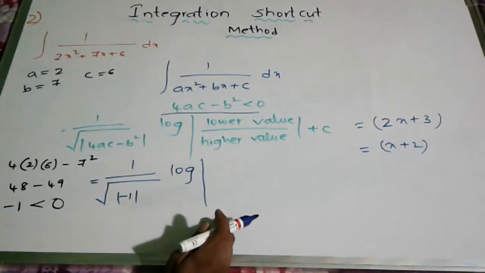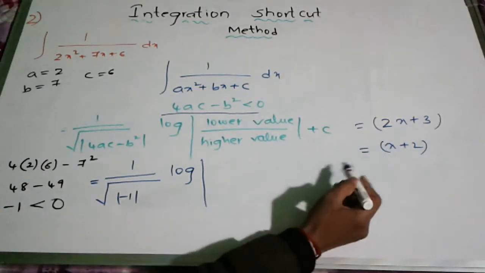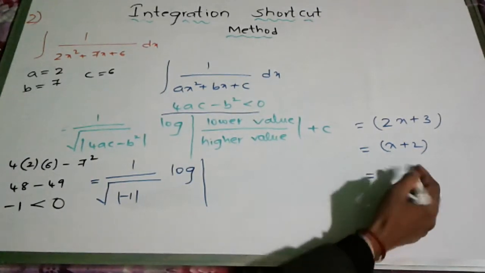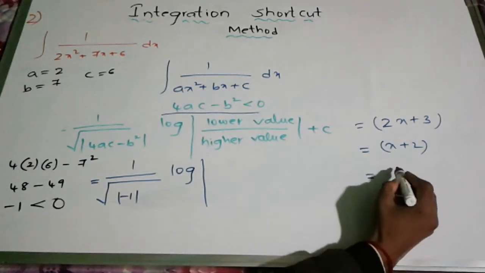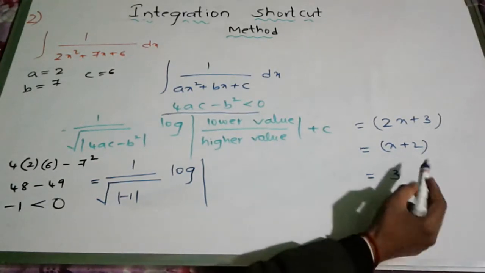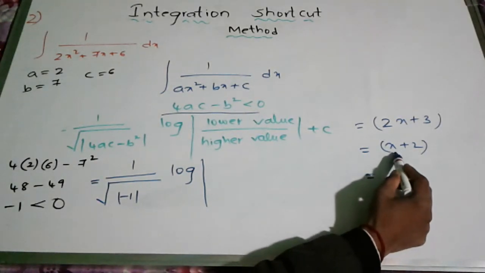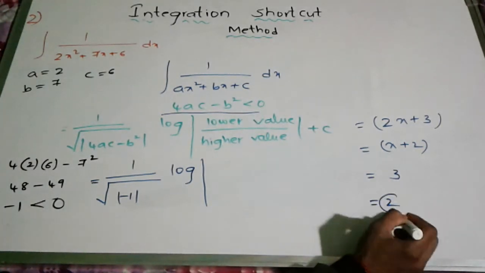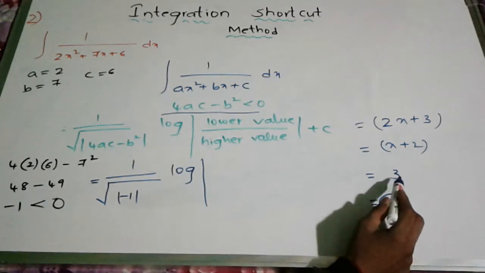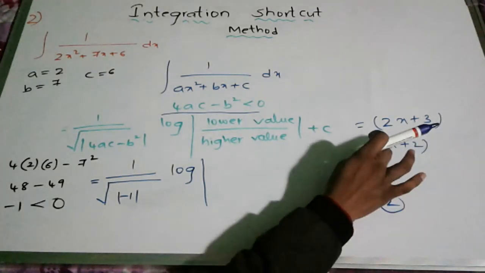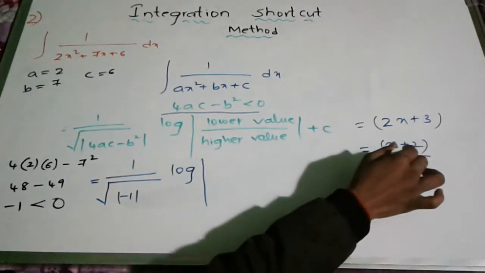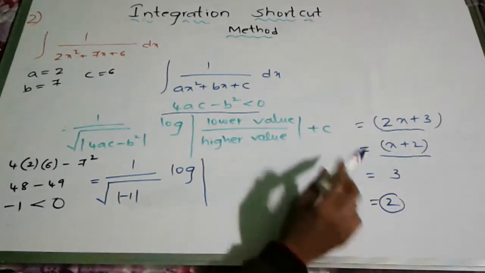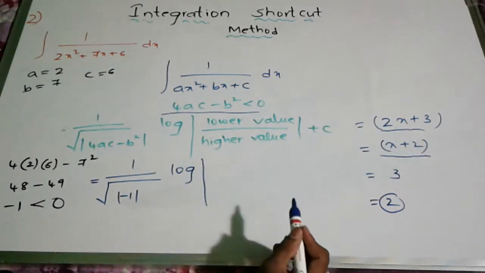So I'm substituting 0 in these two factors. I'm substituting 0 over here, I got 3, and I'm substituting 0 here, I got 2. So 2 is less than 3. So we have to write this x plus 2 factor in the numerator part and this 2x plus 3 factor in the denominator part, right?